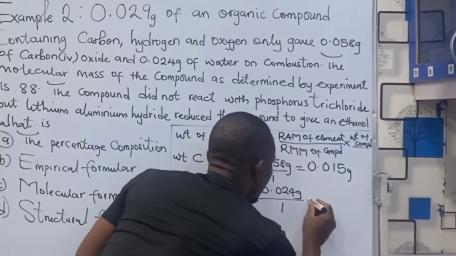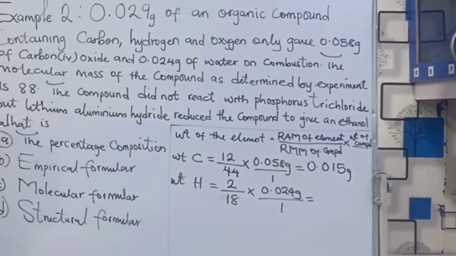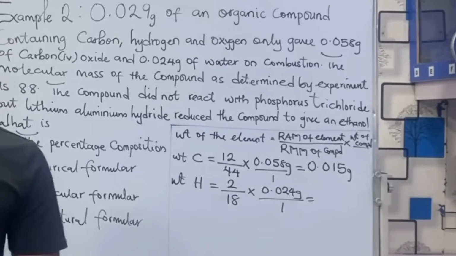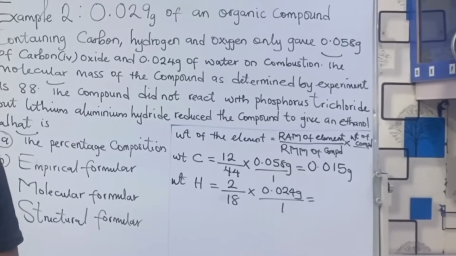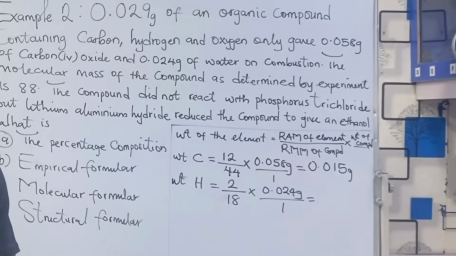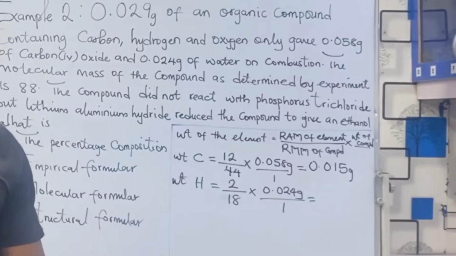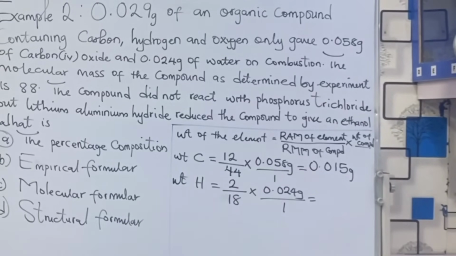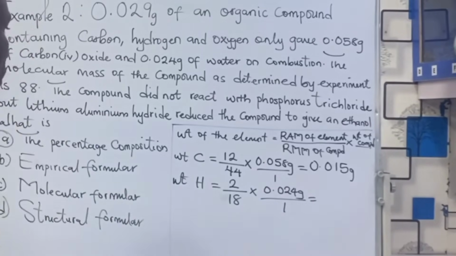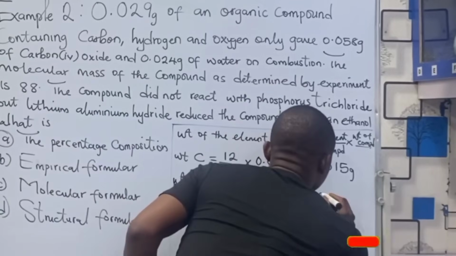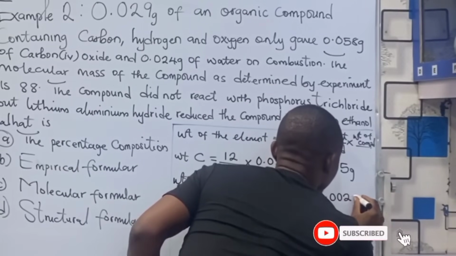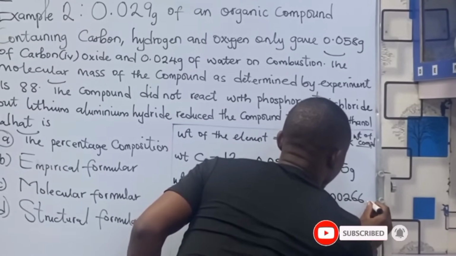When you do your mathematics properly, you arrive at the weight of hydrogen in that particular question, which is 0.00266 grams.